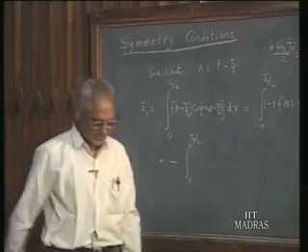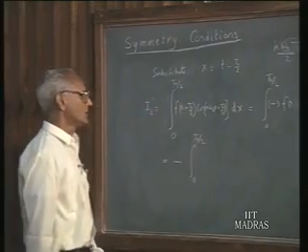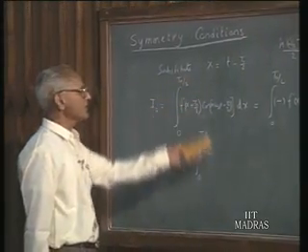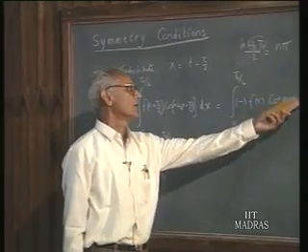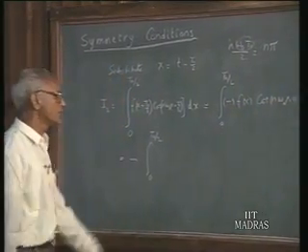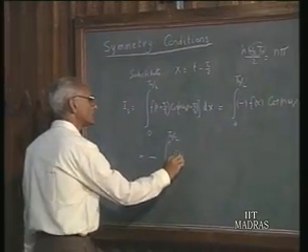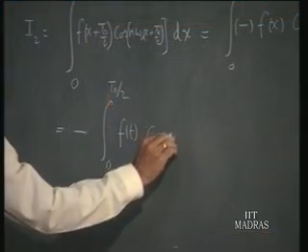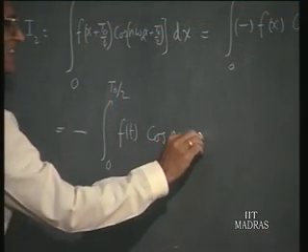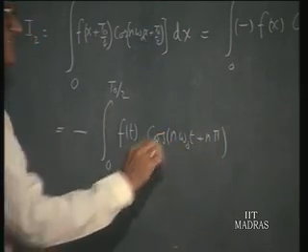Now that I have outlived the necessity for use of x, let me go back to t, because after all this is a dummy variable. This will be f of t cos(nω₀t plus nπ) dt.